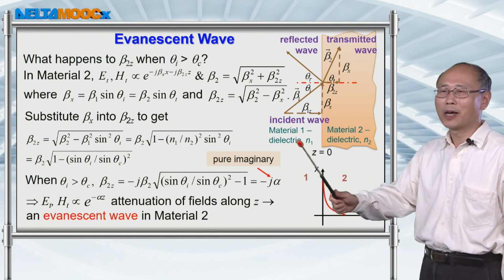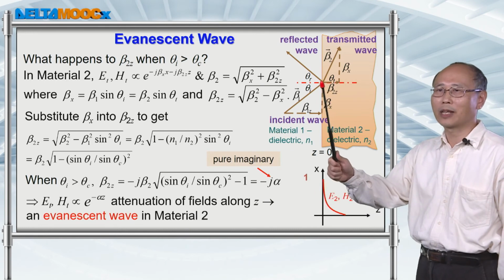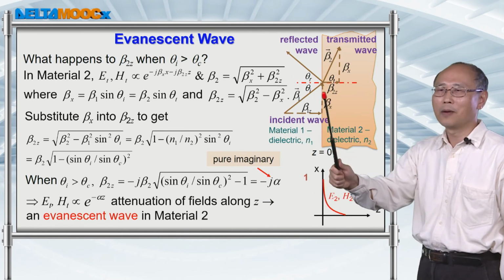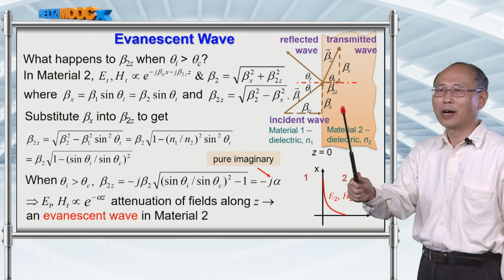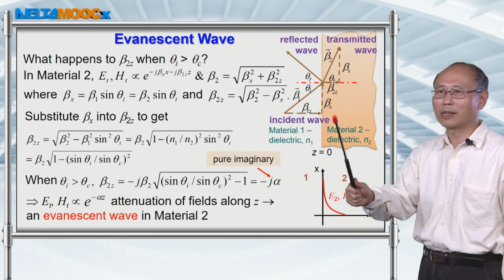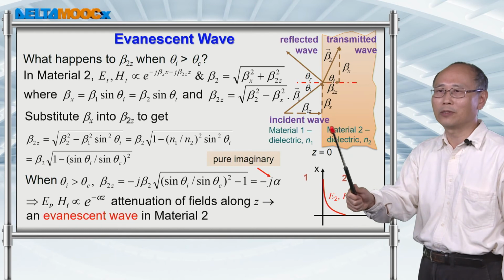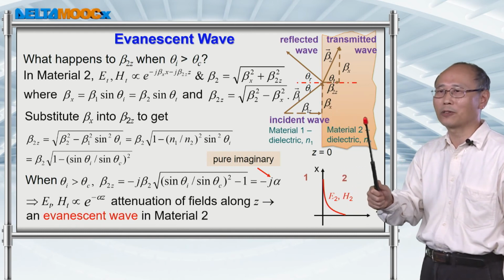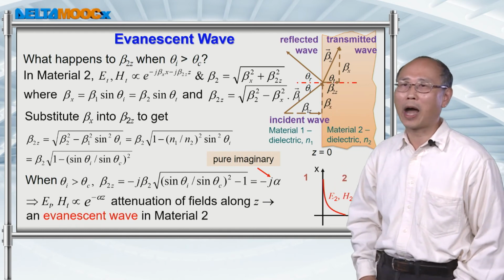Think about that. You send the wave in this direction and then bounce back in this direction, but the field in the second material is not propagating, and the field amplitude will drop from this boundary exponentially. So this is what happened.